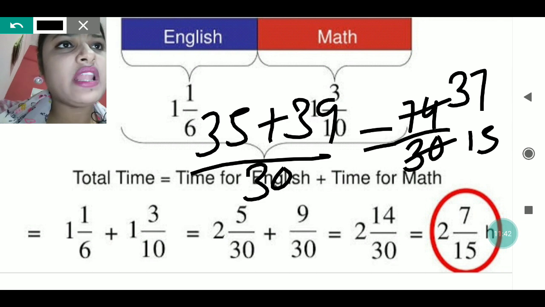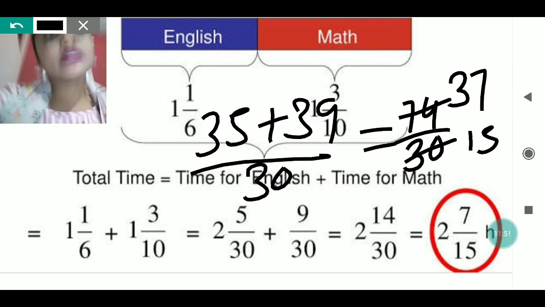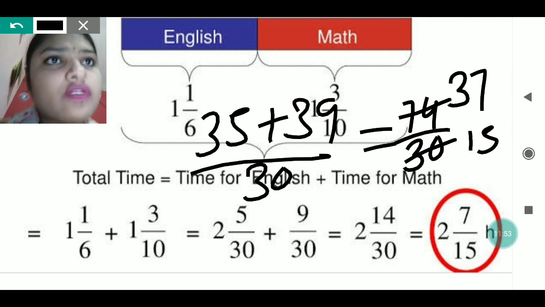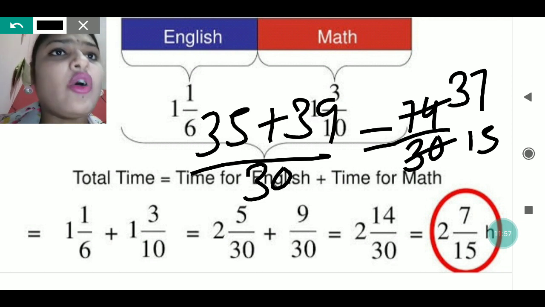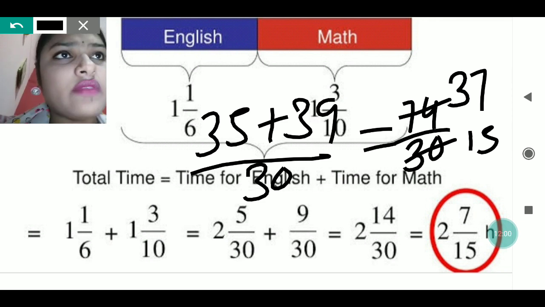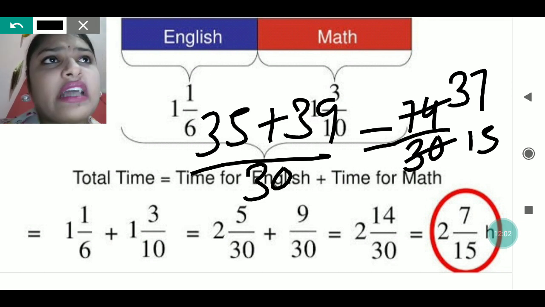If it is divisible, then you will divide. If it is not divisible, then it means it is in its lowest term. So is 37 divisible by 6? With all the numbers you divide.